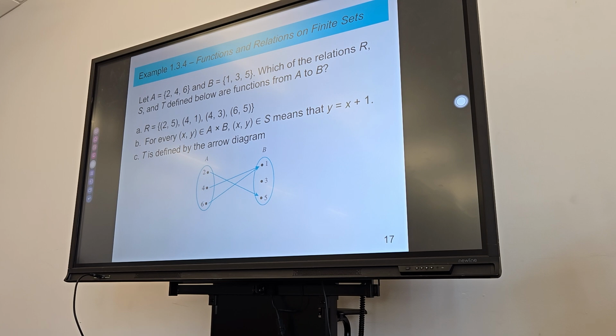How about S? That's a little bit more complicated. You need to write it out. We'll look at T first. It's defined by the arrow diagram. Is that a function?